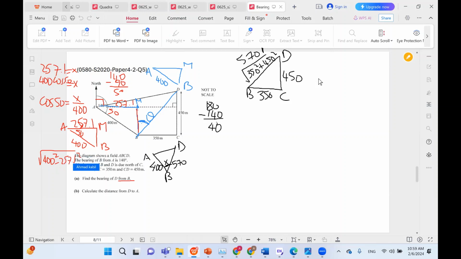And this should give us the value of BM. So root 400 squared minus 257.1 squared gives us 306.4. So 306.4 would be the side MB.